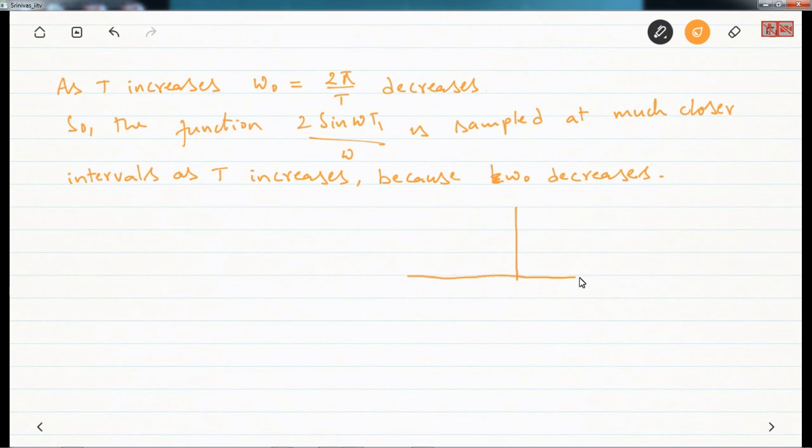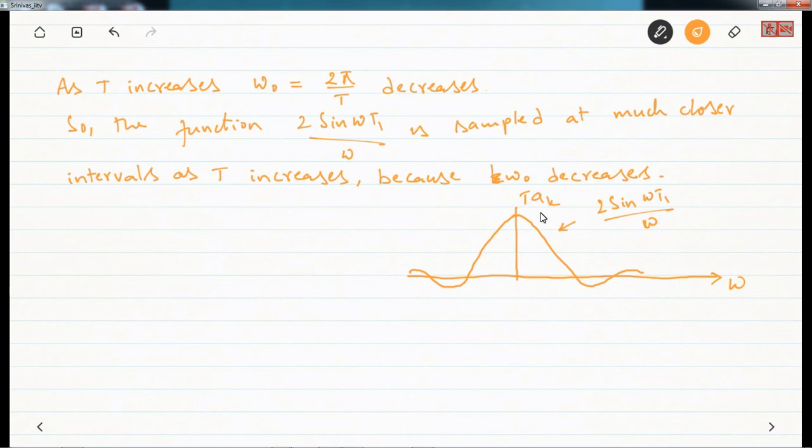So what I'm trying to say is, this is omega and this is T a k, and this is the function 2 sine omega t1 by omega.